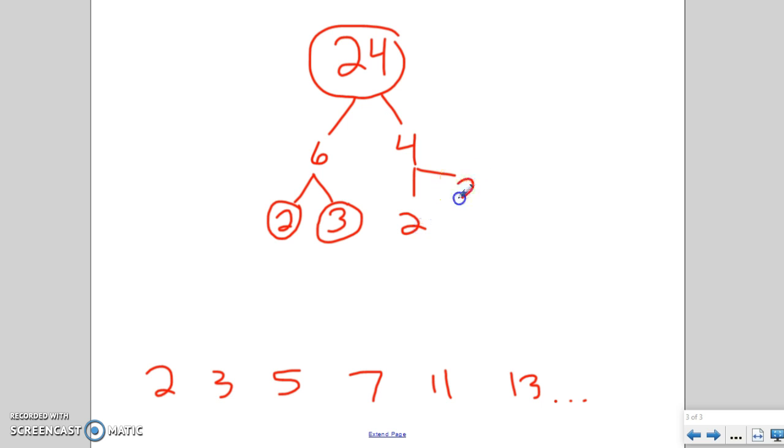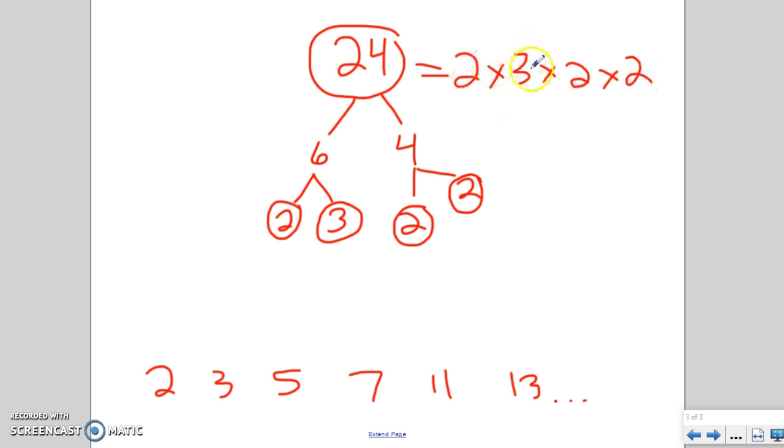And again, 2 times 2 is 4. 2 is a prime number, and again, 2 is a prime number, and all of my branches have ended at prime number leaves. So my prime factorization would be 2 times 3 times 2 times 2 again.